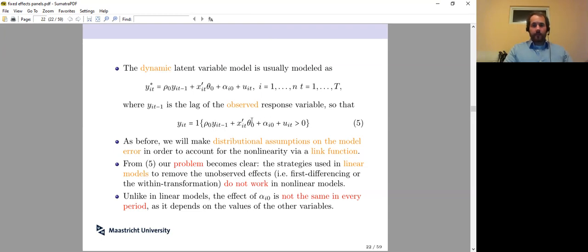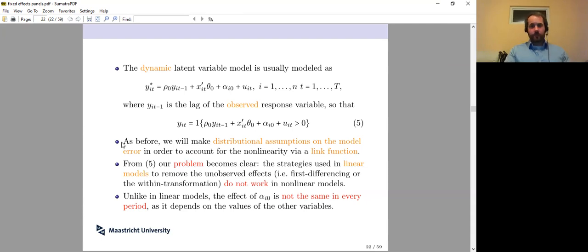So alpha may push everything over 0 in period 1, but it may not do so in period 2. The effect of alpha itself actually varies with the levels of the other variables in our model. That's another crucial difference that arises because we have a nonlinear model.